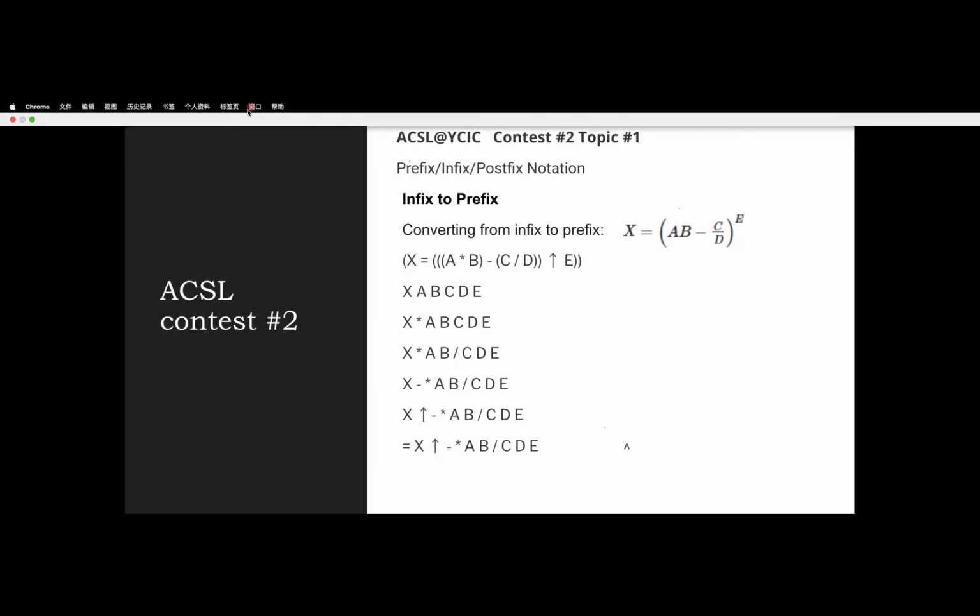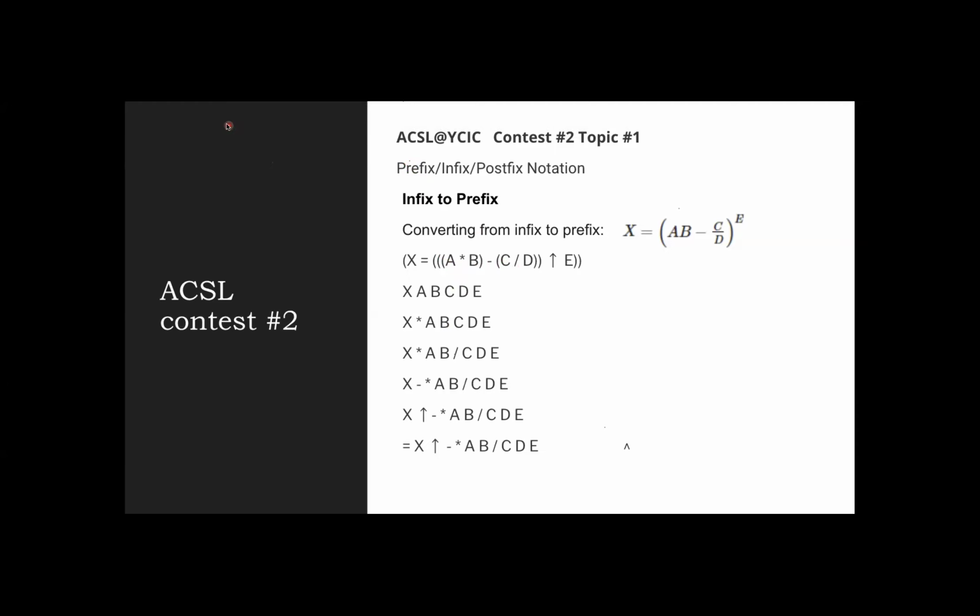Yeah, Alex, I think you can emphasize that the key here is that they really come from the parentheses first, because the parentheses always have the highest priority. So when you see A multiplied by B, which is inside the parentheses, that's how it comes first. Then the C divided by D is also inside the parentheses.